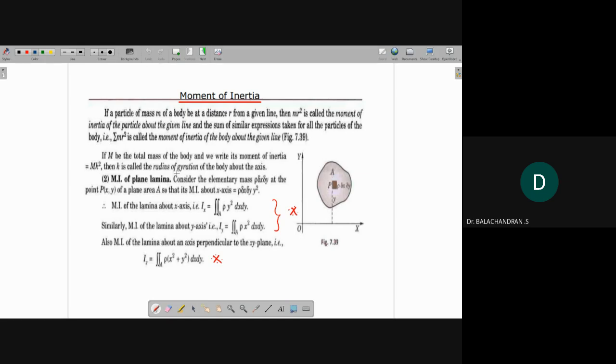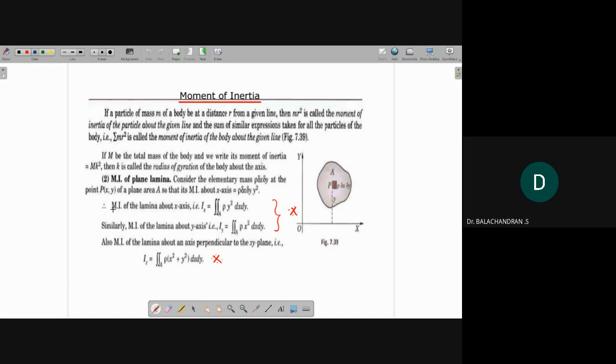Moment of inertia of a lamina. Consider the elementary mass rho into del x into del y at a point P (x, y) of a plane area capital A, so that its moment of inertia about x-axis is rho into del x into del y into y square.